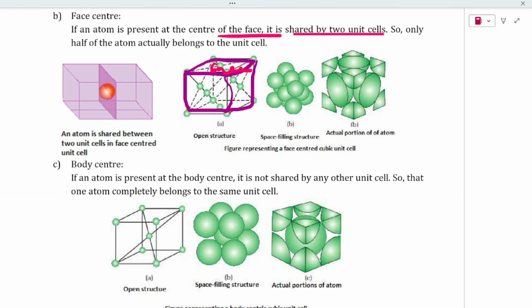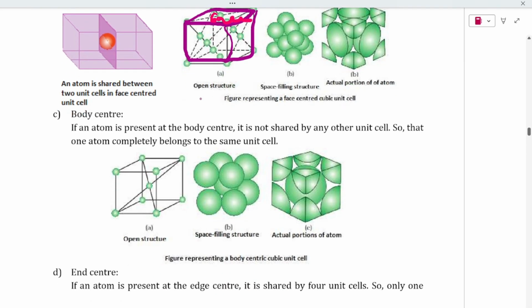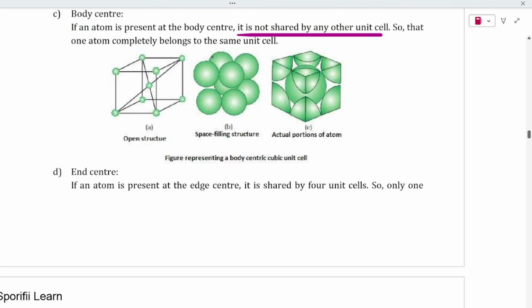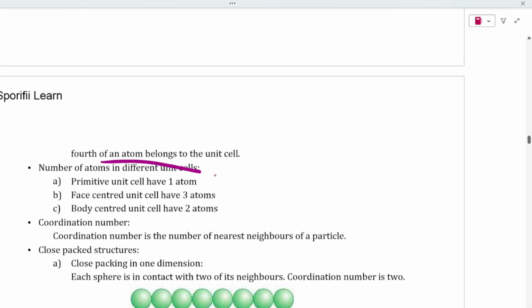So two faces will be there. Next is body centered. Body centered is not shared by any other cell, so it completely belongs to the same unit cell. End centered is nothing but, if an atom is present, it is shared by 4 unit cells and one fourth belongs to this unit cell.